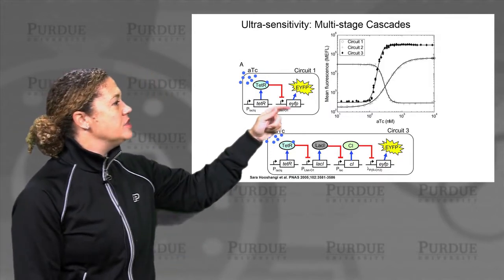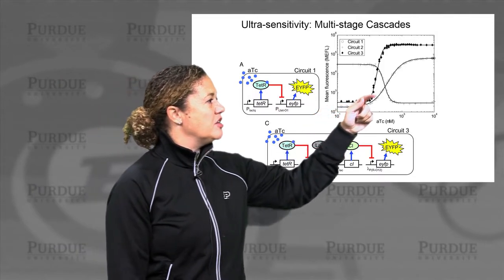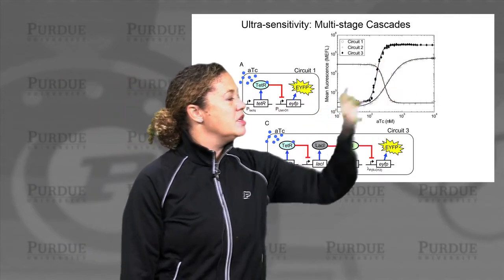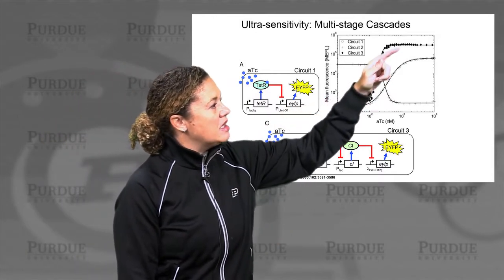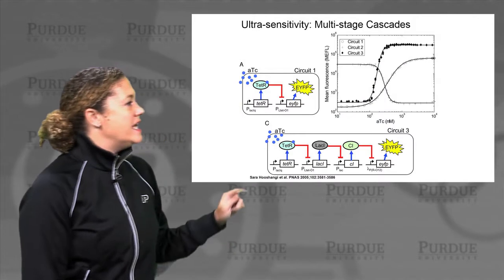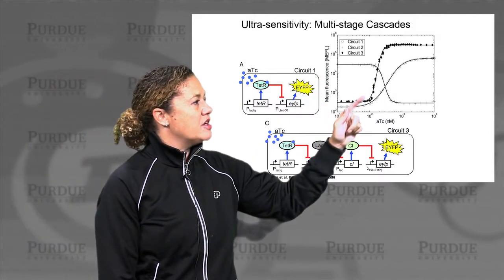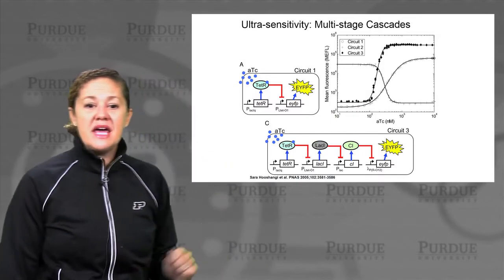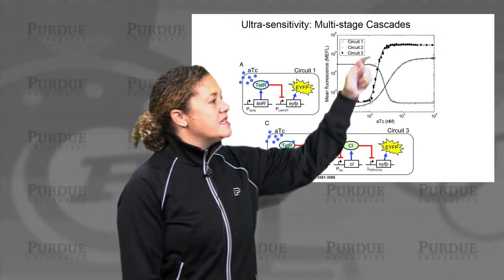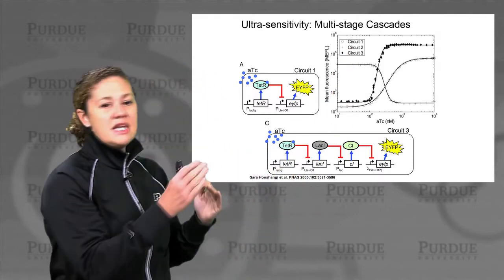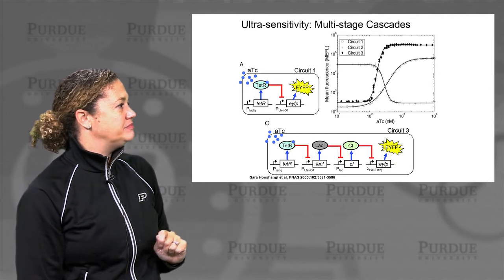If we compare the response curve for circuit 1, you can see something that looks a bit more like our hyperbolic. And if you compare this with circuit 3, the dark diamonds, you can see that in their synthetic cascade, they achieved ultrasensitivity. It is steeper than the simple circuit.